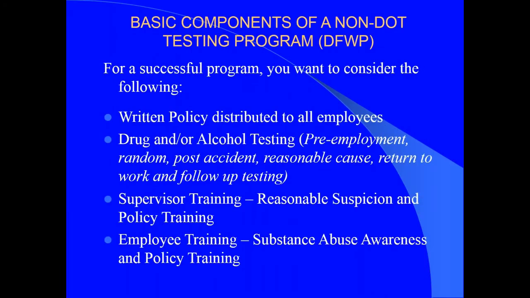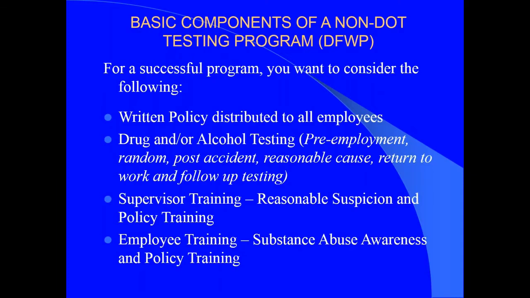So the basic components for a successful program are what you're going to want to look at. Number one, you're going to want to have a written policy distributed to all employees. The policy is going to explain the scope of testing, what group of employees this would apply to, discipline and consequences.